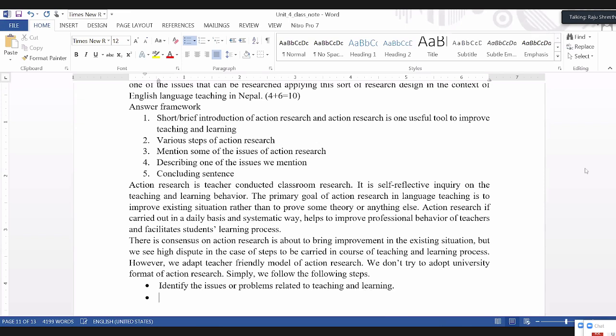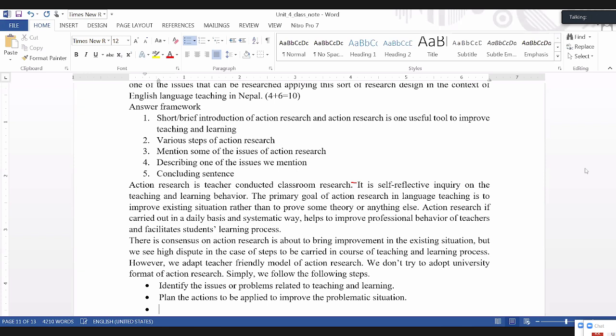Second one is plan the actions to be used, to be applied to improve the problematic situation.